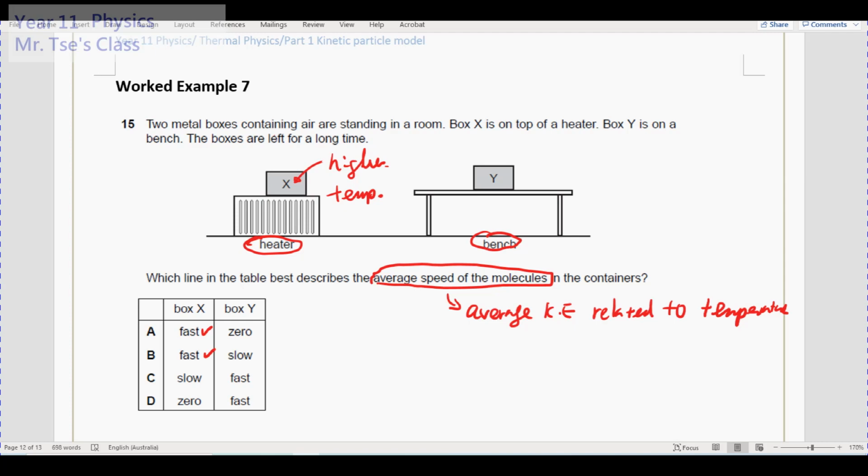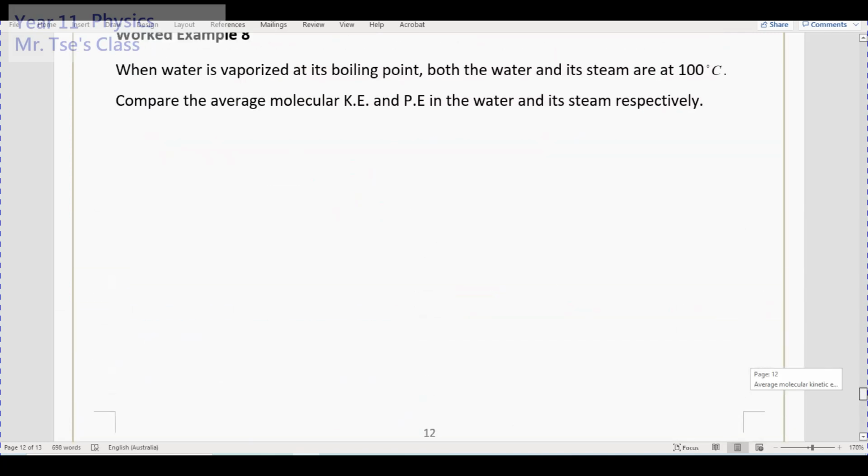Is it 0 or slow? We know it will never be 0. They are always moving unless you reach absolute 0 temperature, but that's impossible. So that will be my answer.